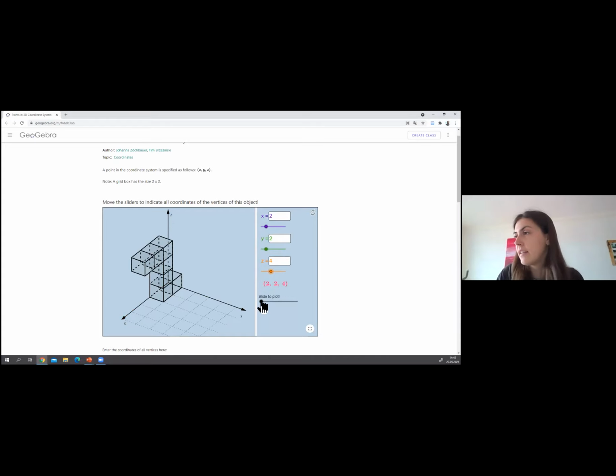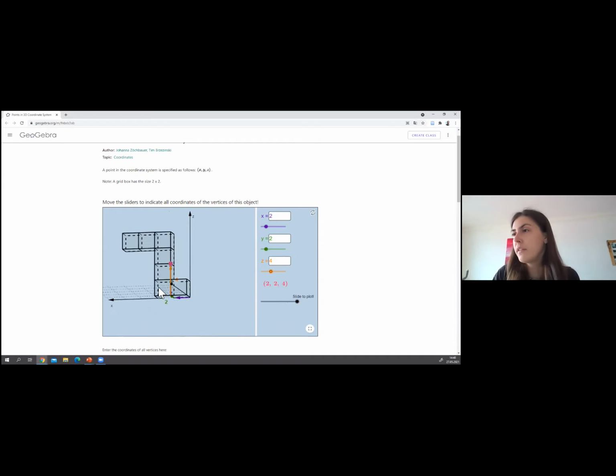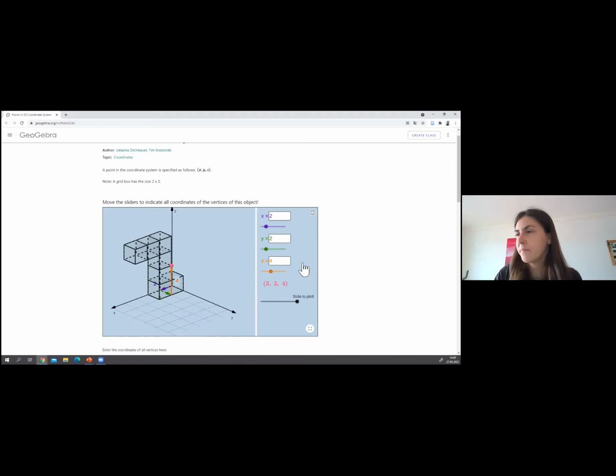And then they can slide here to plot the point and to see the X, the Y, and the Z coordinate. Moreover, they can move the object to see it from all different sides, so look from above or front view, for example.